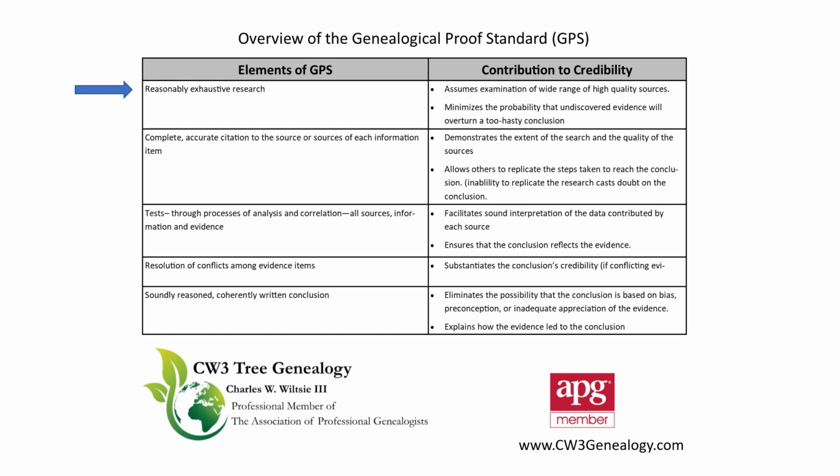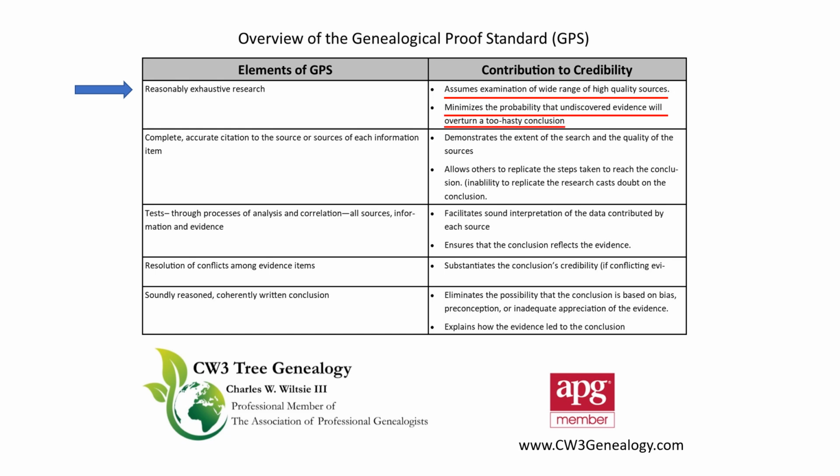The contribution to credibility means that it assumes the examination of a wide range of high-quality sources. High-quality sources can be gotten from town halls, from the National Archives, military records, that sort of thing. The assumption is that you're looking at credible sources, not simply stories that people have told to you.